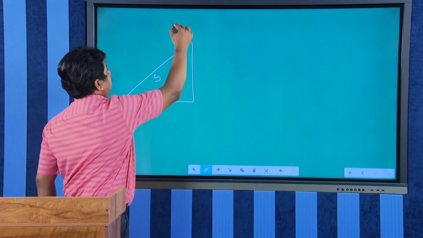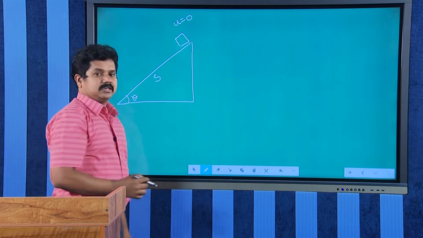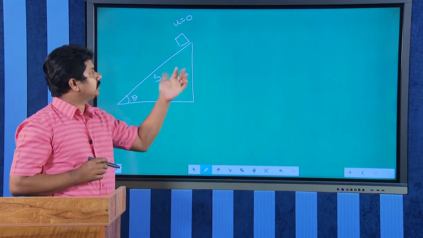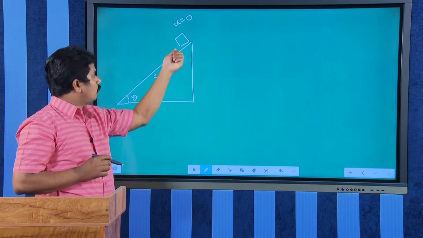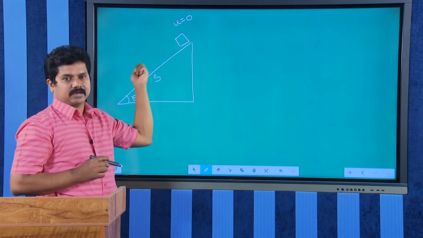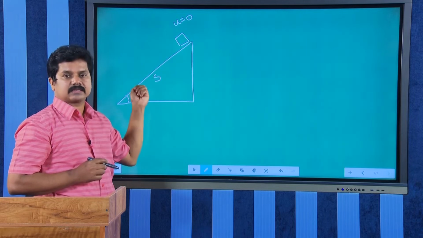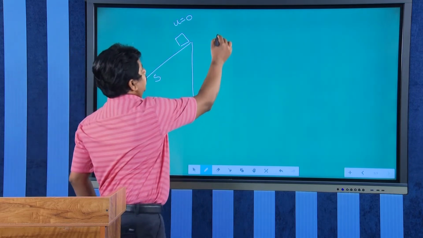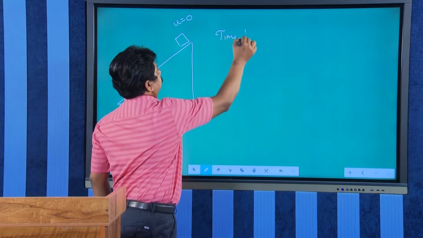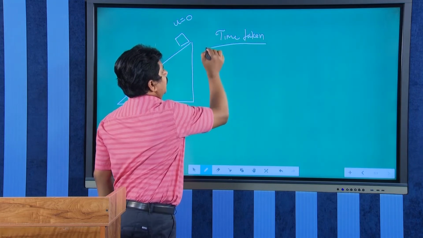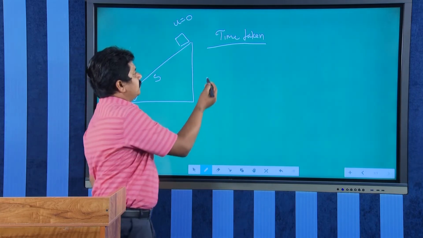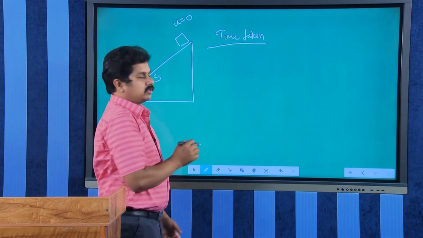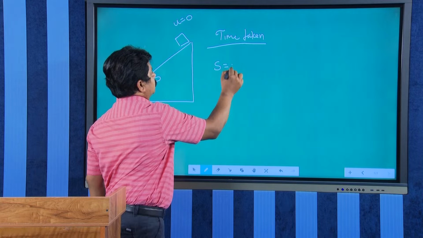So, it starts with 0 velocity, it is just placed on it. So, initial velocity is 0, right. So, it will start sliding down, while sliding its velocity will increase, or it moves with an acceleration. So, to find the time taken to reach the bottom, how do we find it? We can use the equation of motion, that is S equal to ut plus half a t square.